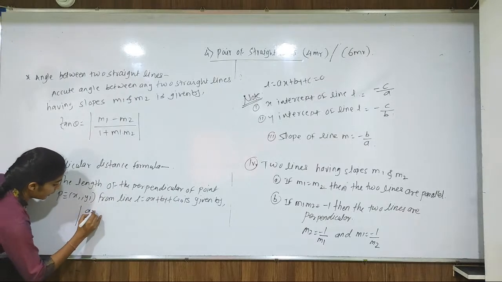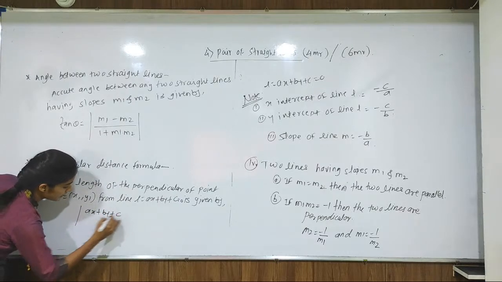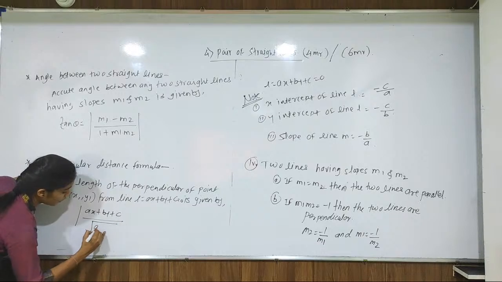Mod of ax plus by plus c upon under root a square plus b square.